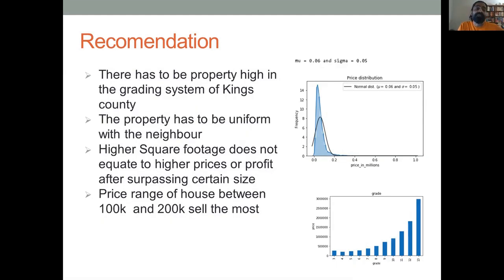The property has to be uniform with the neighbors, because most of the properties sold had square feet living similar to those of the 15 neighbors. Higher square footage did not necessarily mean a higher price; after a certain point, it just stopped rising. And the price range of 100K to 200K sold the most.